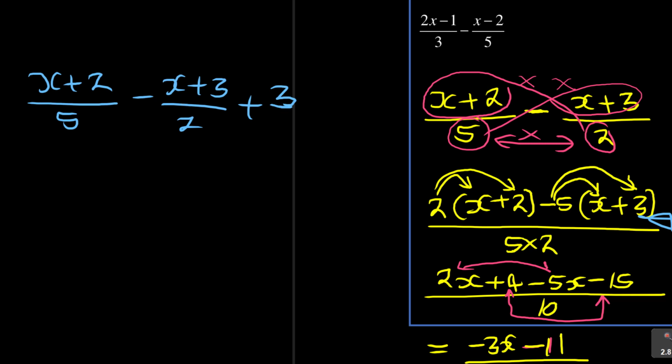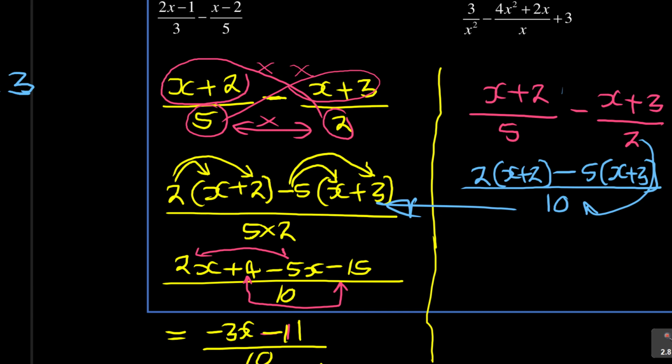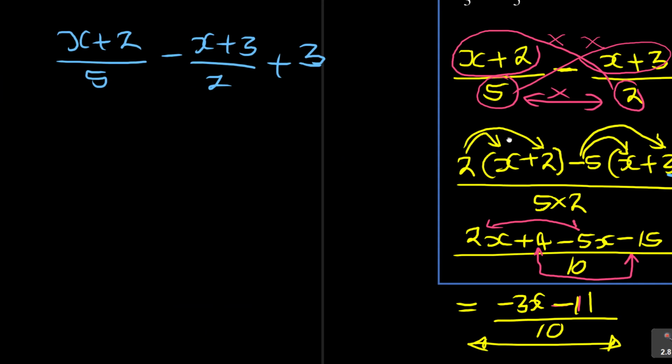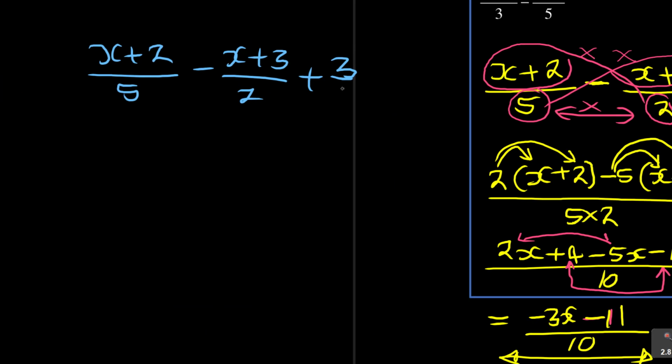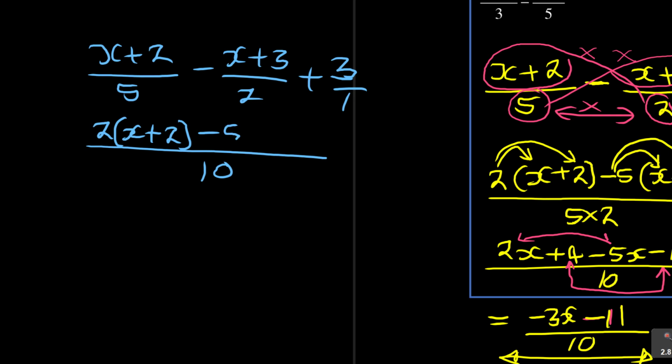Now you have to focus on this method, where you find the lowest common multiple between 5, 2, and 1. So it will remain 10 there. You say 5 into 10 is 2, bracket x plus 2. Similarly, minus 2 into 10 is 5, bracket x plus 3.